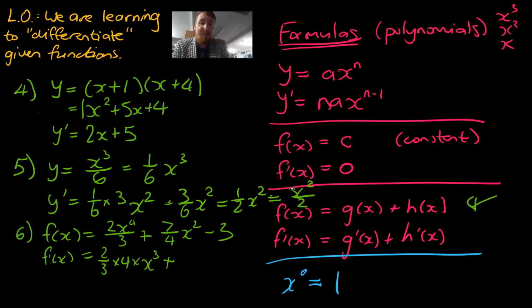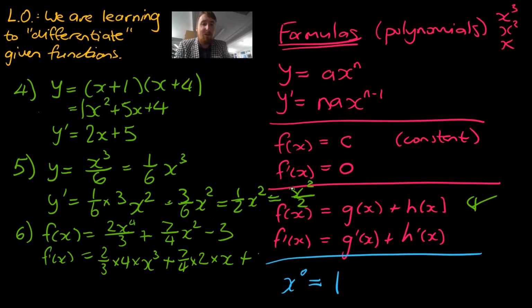We're then going to add 7 over 4 times 2. So that's a times n for this one. The fraction is 7 over 4, and the power is 2, hence 7 over 4 times 2. And that's going to then be multiplied by x, because x squared is going to become x to the power 1, which is just x by itself. And that minus 3, well, that's a constant, so that's going to become 0.